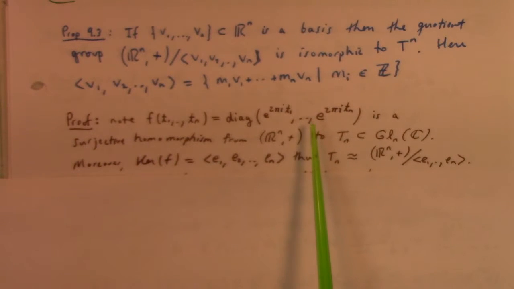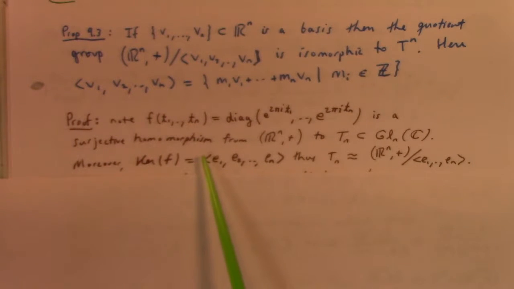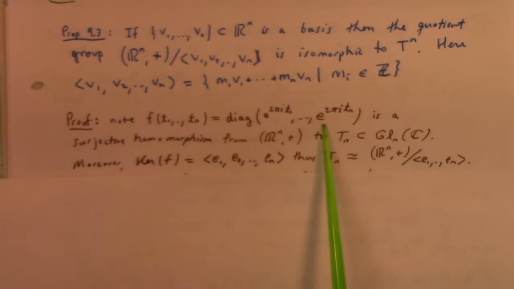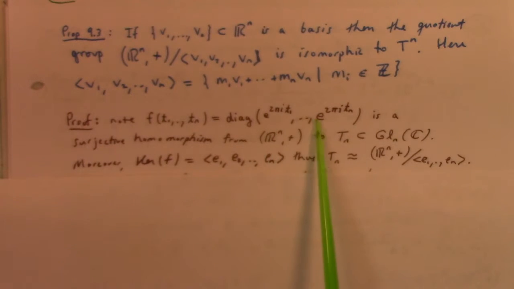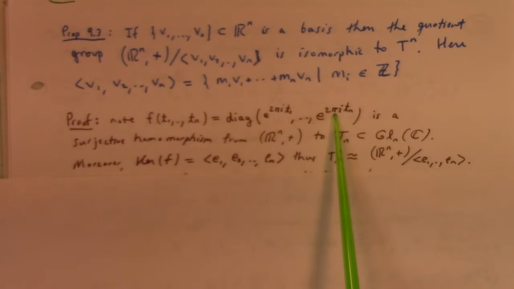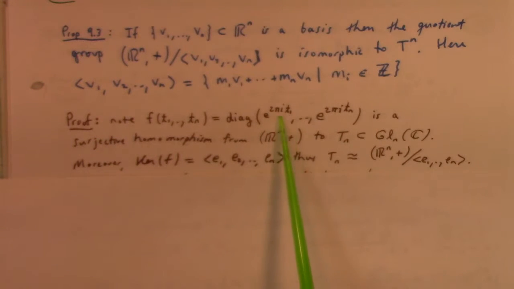Oh, goodness gracious. Kernel of f is all the t1 through tn such that f maps to the identity. The identity here is the identity matrix, in fact, which would make every one of these arguments 1. How do you get e^(2πi t1) equal to 1?